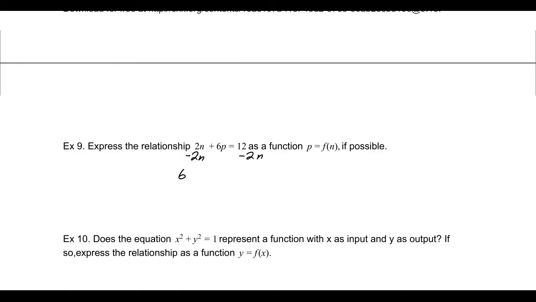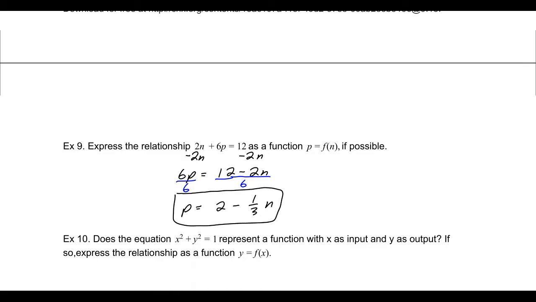That would be 6p equals 12 minus 2n. And then we will divide both sides by 6. So p equals 2 minus 1/3 n, where f of n is 2 minus 1/3 n, so that works out just fine.